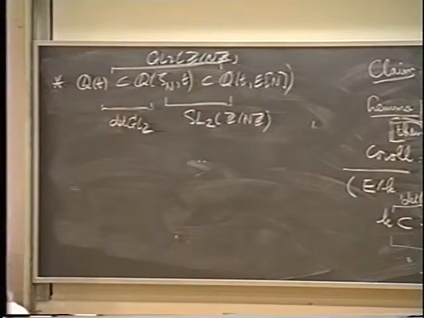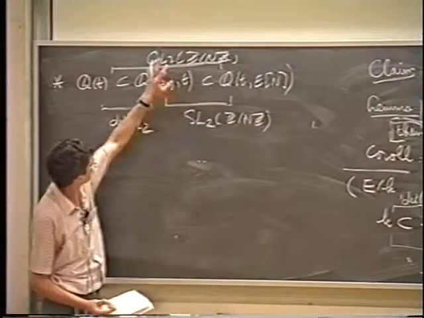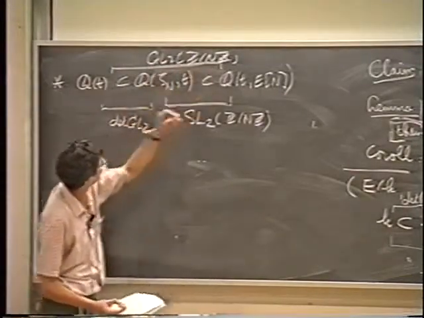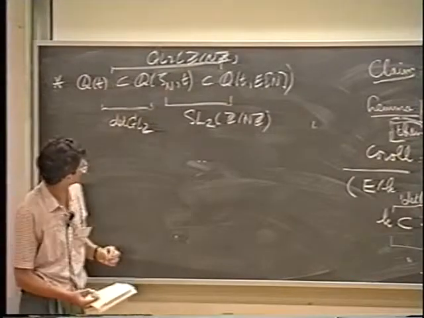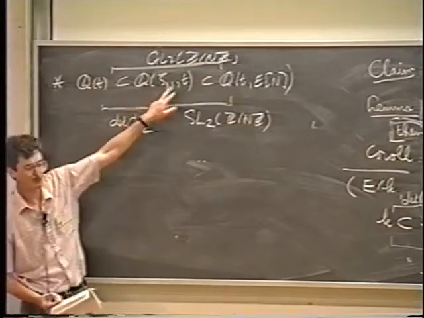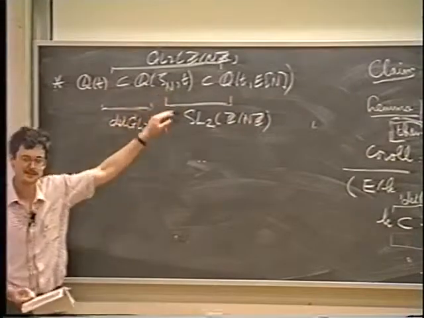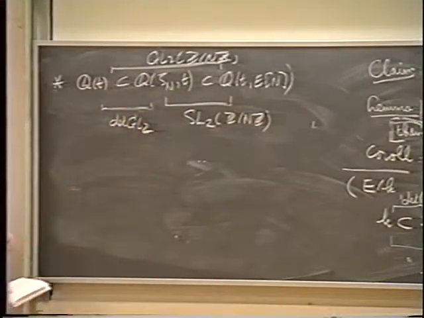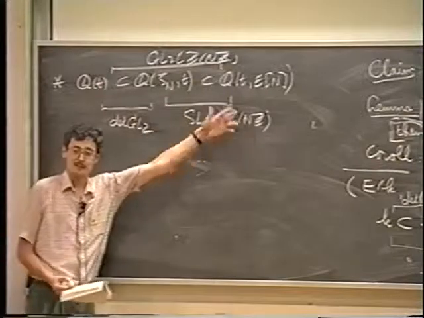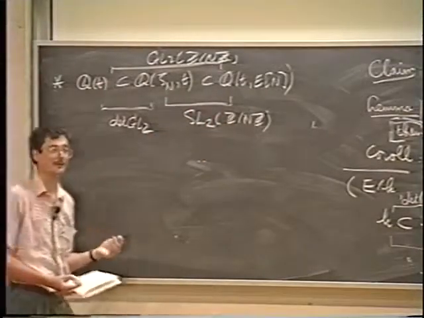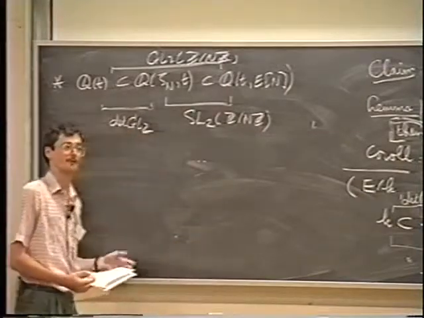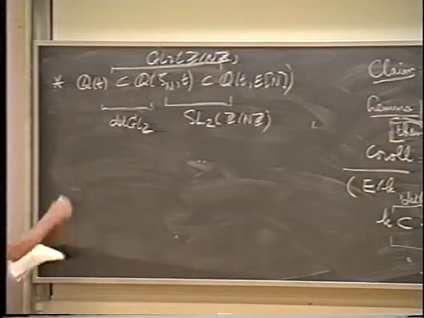So what we are doing is we are modding out, or we are taking invariants under some subgroup of the full GL2(Z/n). So what kind of subgroup? Well, we have chosen our cyclic group of order n, C. And what this means is exactly what I'm trying to mod out here: for some choice of basis in which a generator of this subgroup is one of the basis vectors, an upper triangular group.